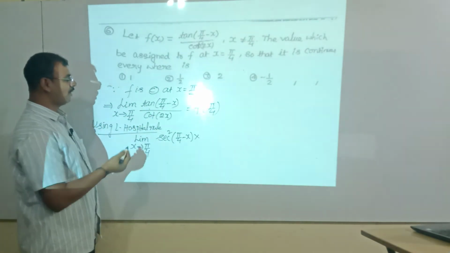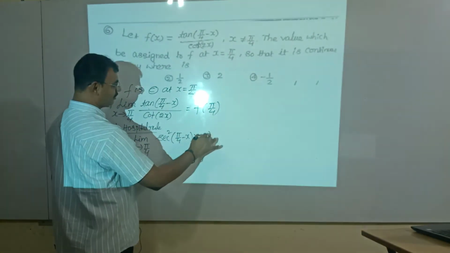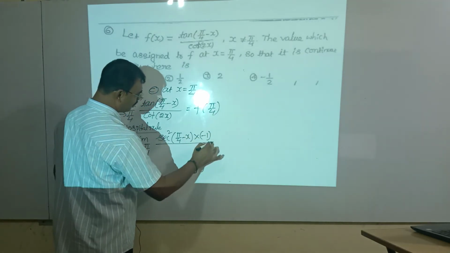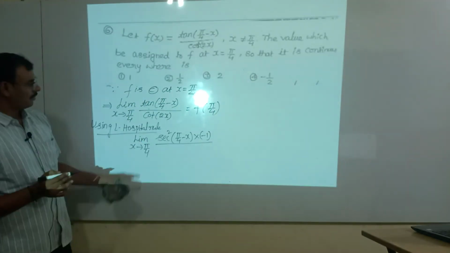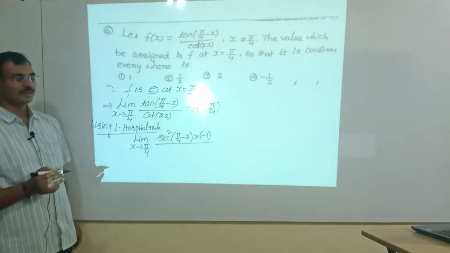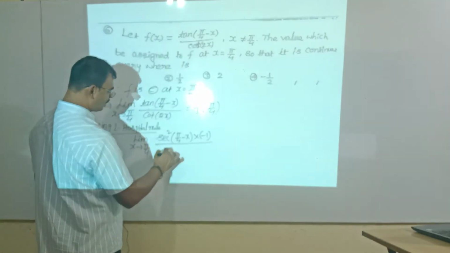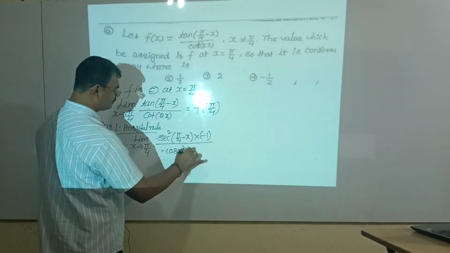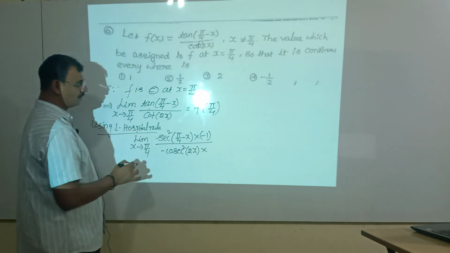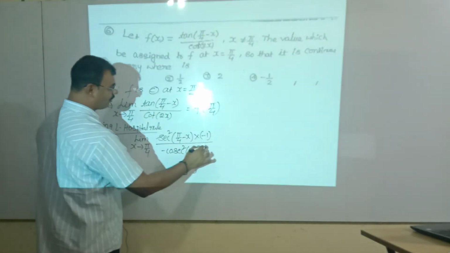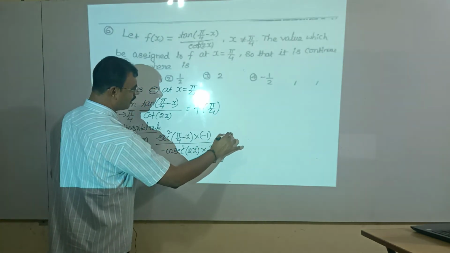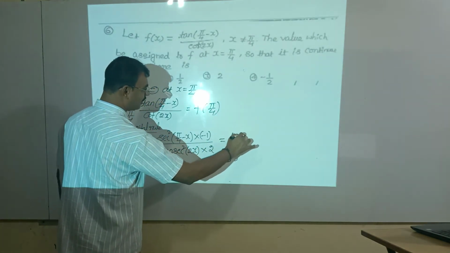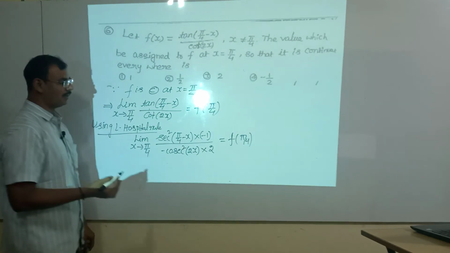The derivative of pi by 4 minus x is minus 1, upon the differentiation of cot x, that is minus cosecant square x, cosecant square of 2x into function of a function. The derivative of 2x is 2. On the right side, the same number. We should find this value, f of pi by 4.